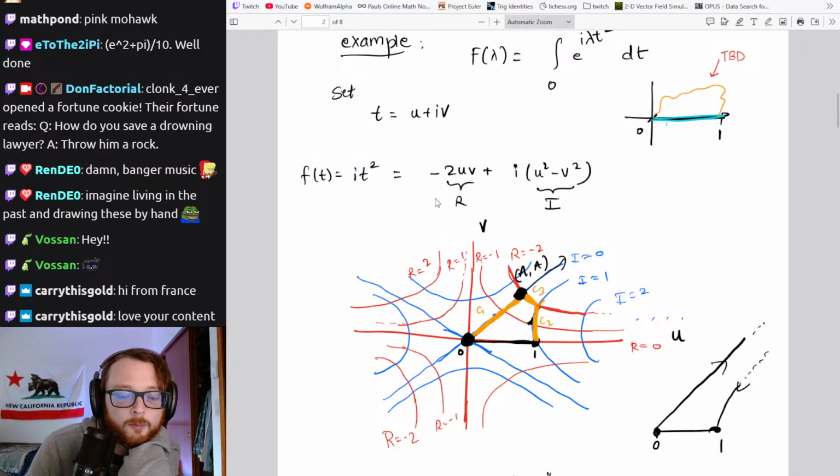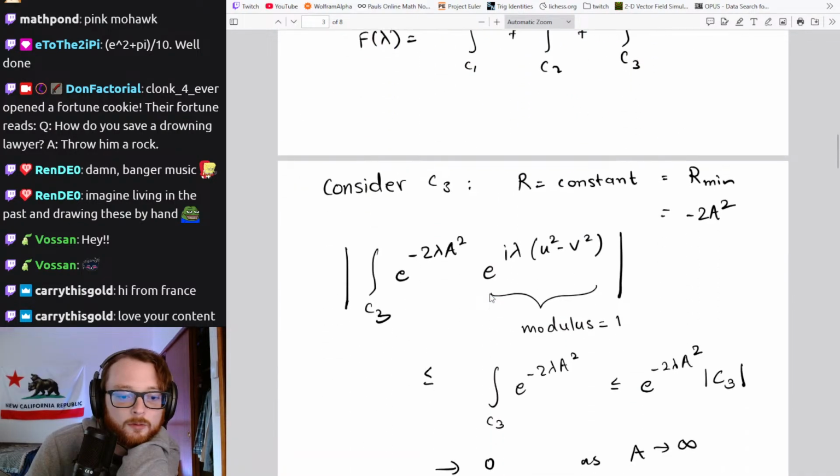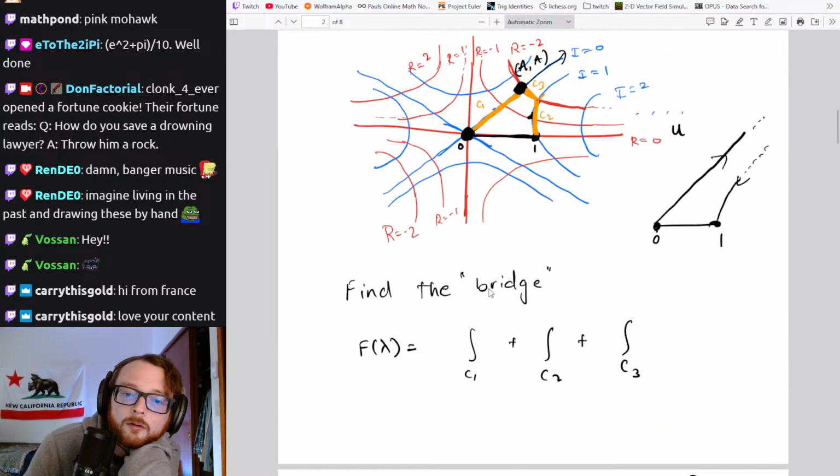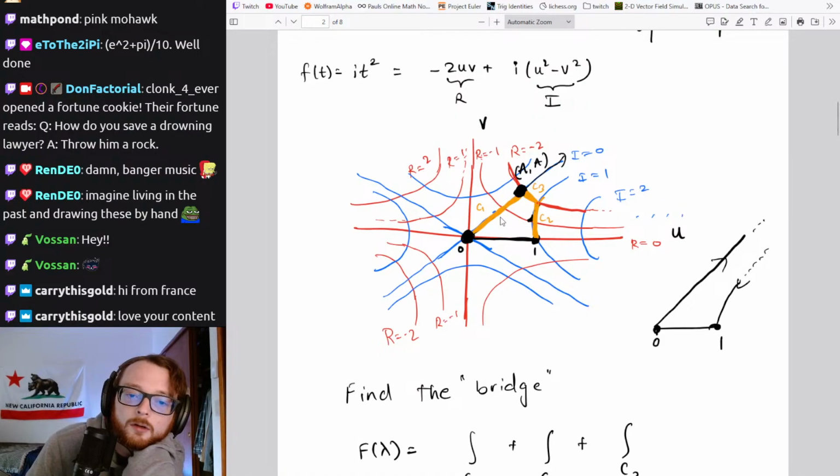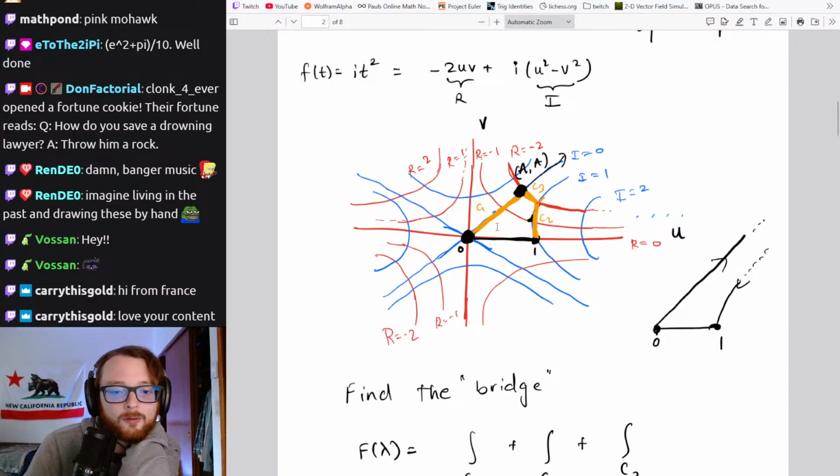Minus 2 UV. The real part is always equal to minus 2 A squared? I guess it has to be. That's just okay.